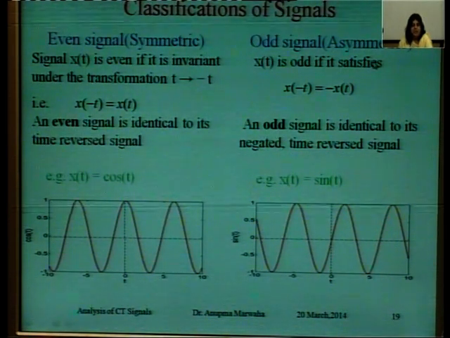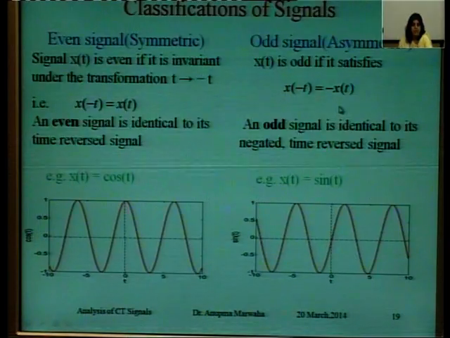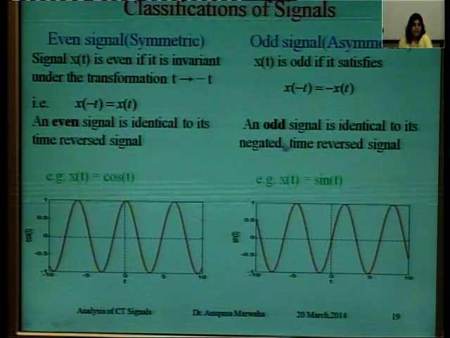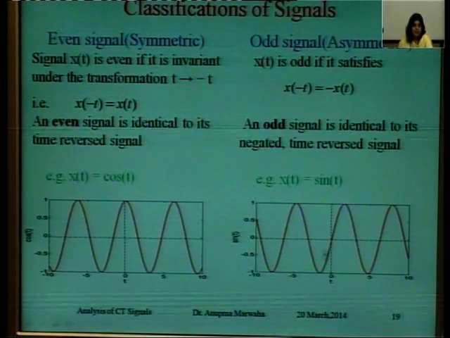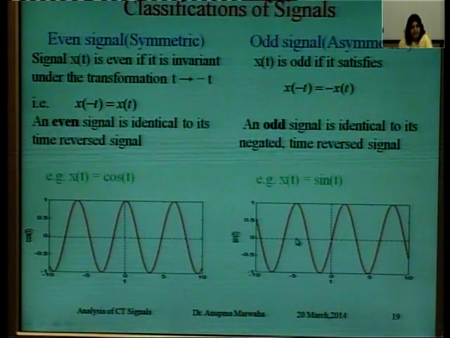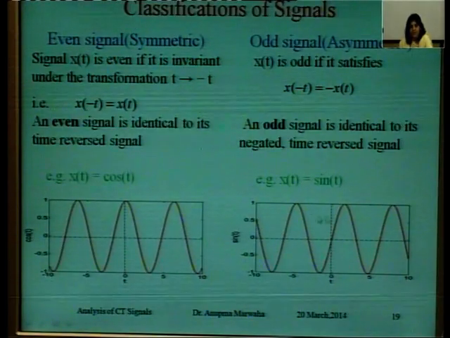An odd signal is one which satisfies the condition x(-t) equals minus x(t), that is, it is equal to the negated time reversed signal. Whatever its value for the positive time domain, for the negative time domain its value gets reversed, it is the negative of that value. Example, we have the sine signal.